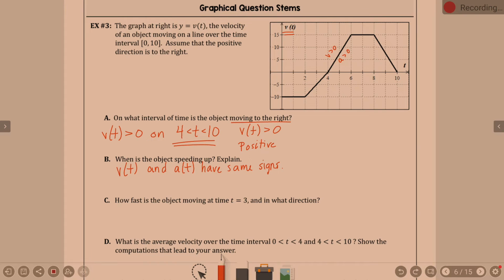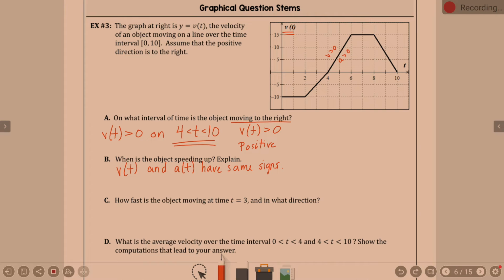The flat spots have constant acceleration, so those you can't talk about signs, okay? From 2 to 4, it's negative velocity but positive acceleration. From 8 to 10, it's positive velocity but negative acceleration.